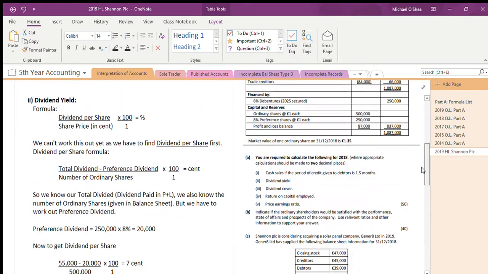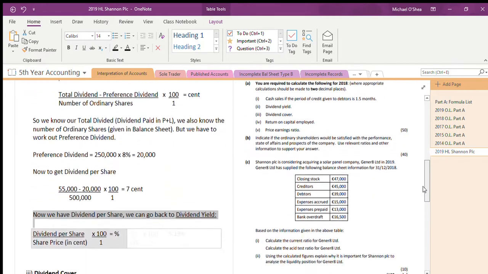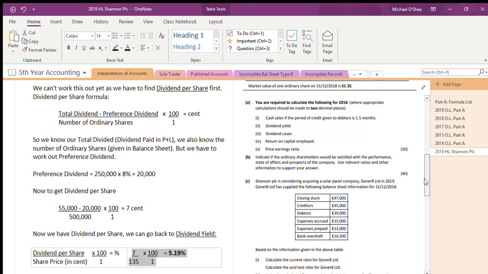Market value of one ordinary share is €1.35. That is the same thing as 135 cent. So 135 cent here. My dividend per share we worked out to be 7 cent. So 7 divided by 135 cent, multiplied by 100 over 1, gives me my dividend yield, which again is in percent. It's 5.19%.